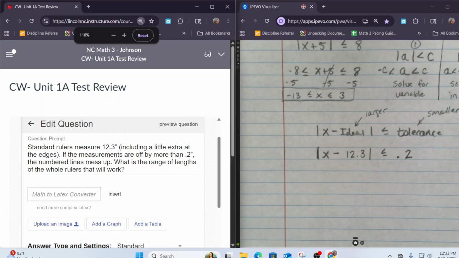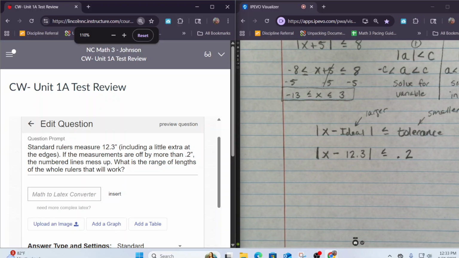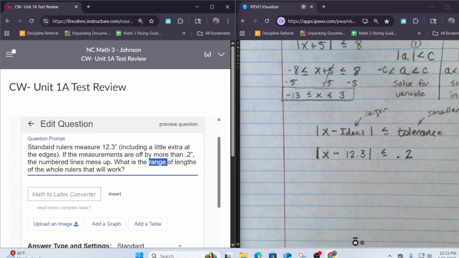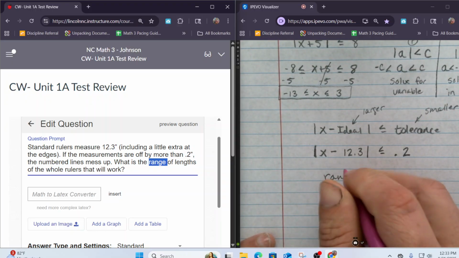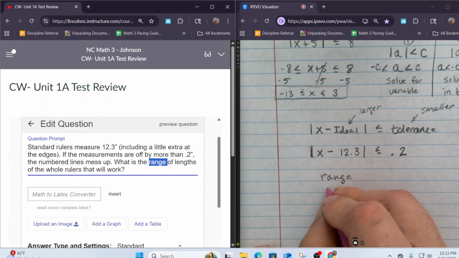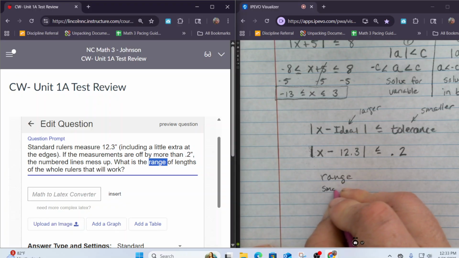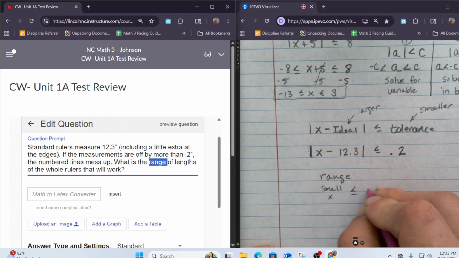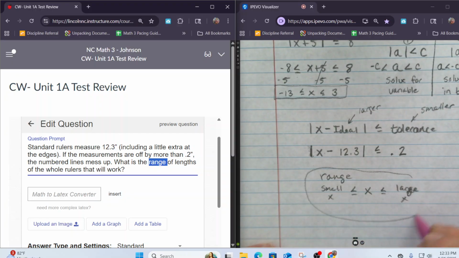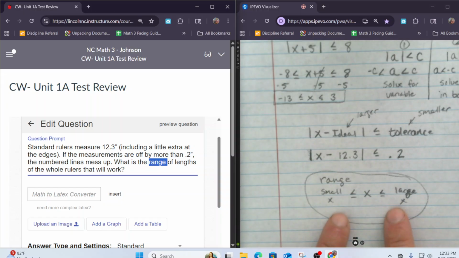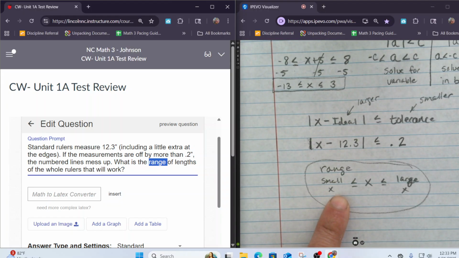Now here's the thing. Make sure you know, this question asks what is the range of lengths the rulers will work. Okay? Now, range means, guys, if you see the word range in your problem, they're asking for the inequality itself.